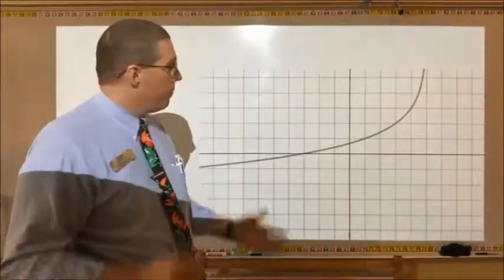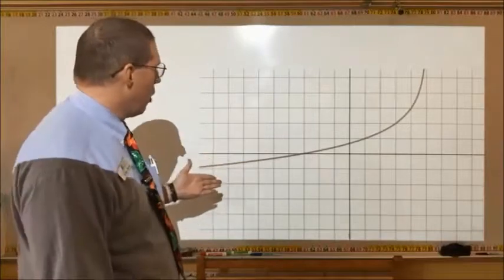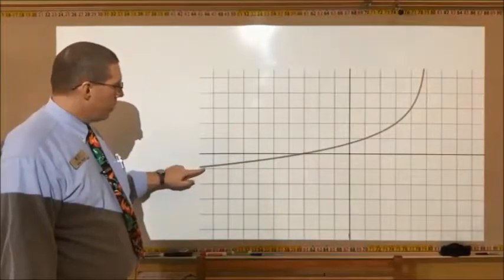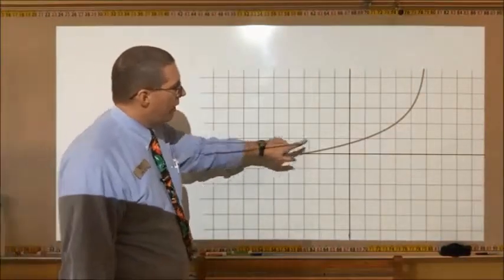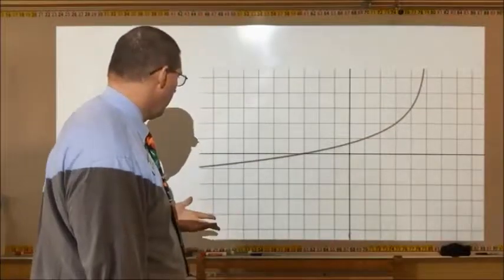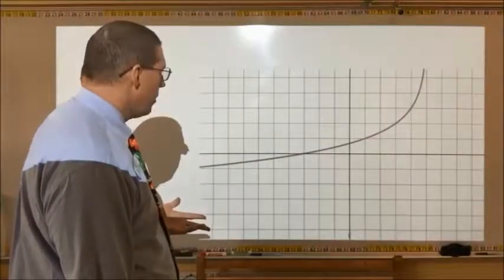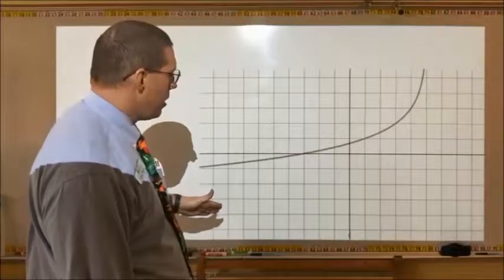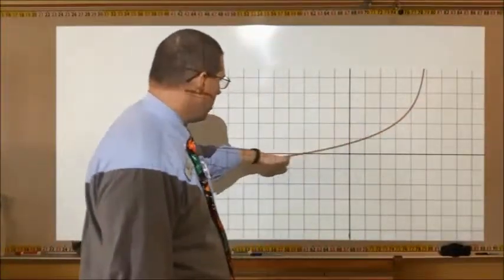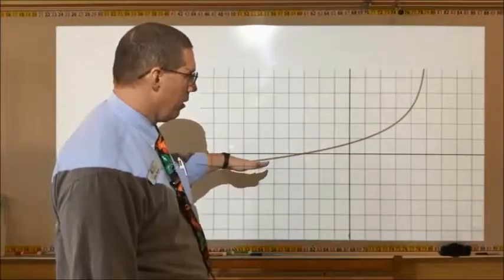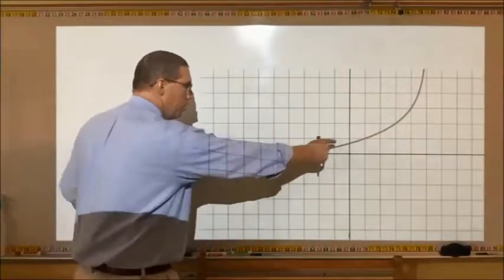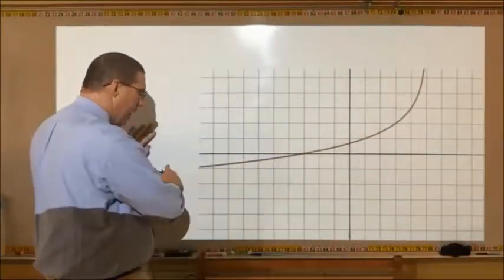All right, let's try this one. This one's actually hard to tell where the asymptote is because this doesn't really go flat and this doesn't really go flat. So you kind of have to make a judgment call here. Here's the interesting thing. It looks to me like it's flatter here, and I know that makes you think that it should then be a horizontal asymptote, but it looks like it's never actually going to become flat.